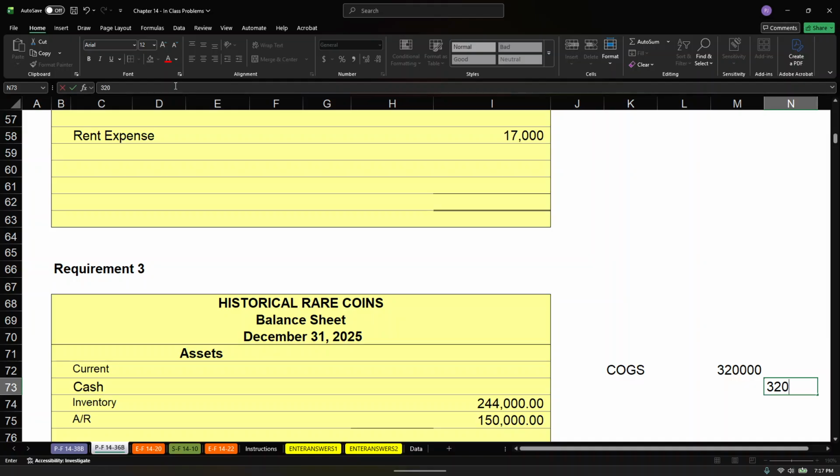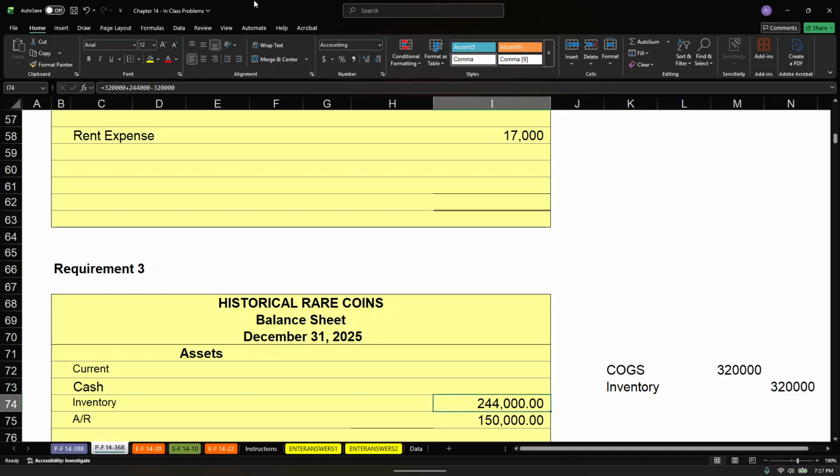What's the credit? This is chapter 5. What was the credit for cost of goods sold? Debit the expense, cost of goods sold, credit inventory. Yes, inventory. So that's a reduction in this asset, right? Because we've now sold these inventory items. So I have to go to my inventory.